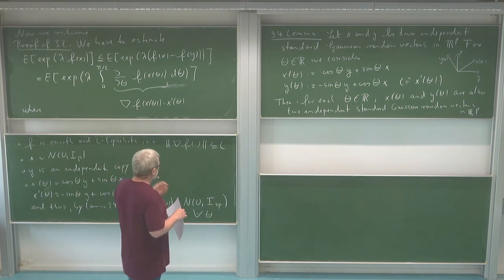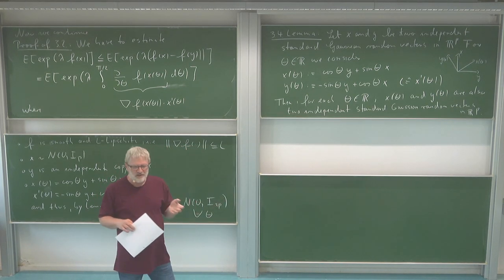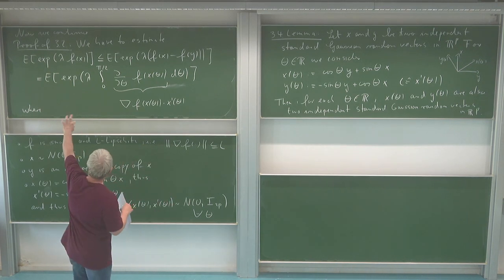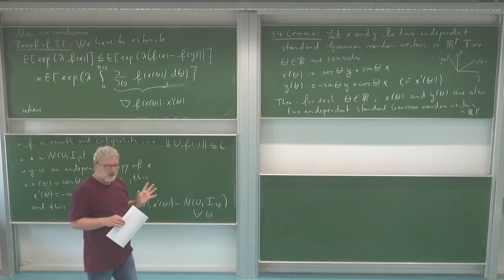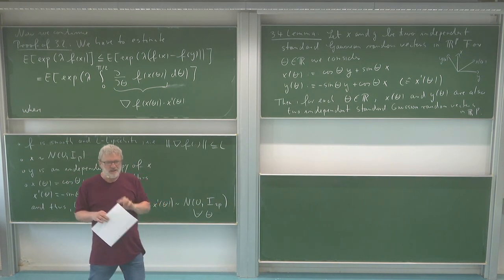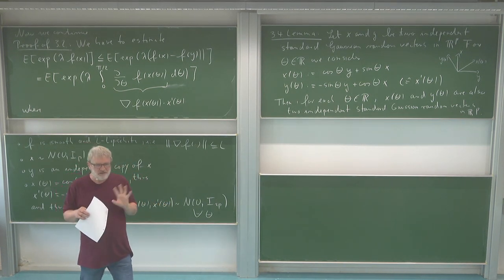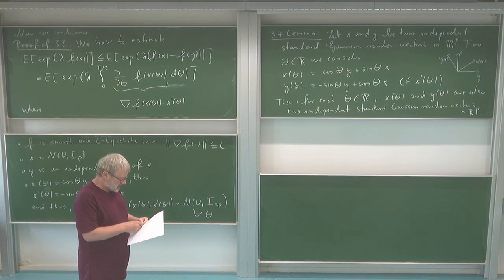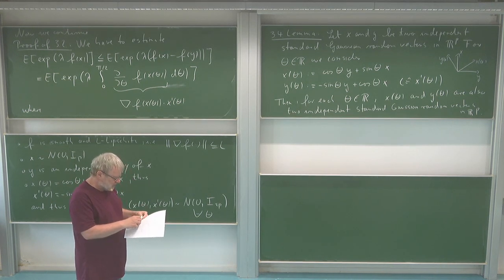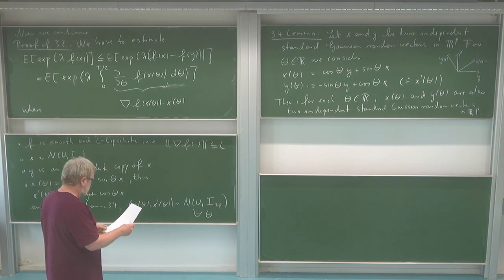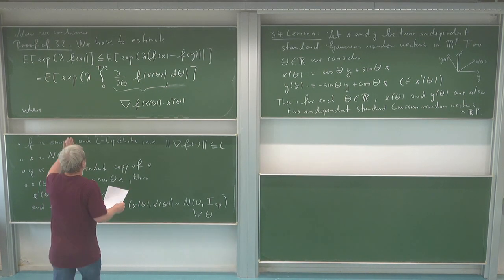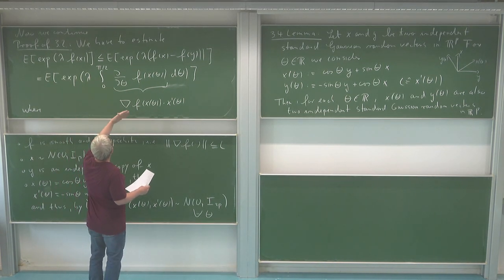If you want concentration inequalities, essentially in the moment generating function, the expectation of the exponential of lambda times your variable, you should get something like e to the lambda squared. That's the best thing, because then you can get good estimates. So that's where we want to go. But for this, we have to estimate this here somehow.